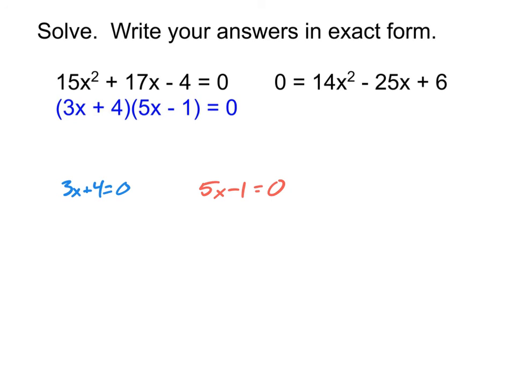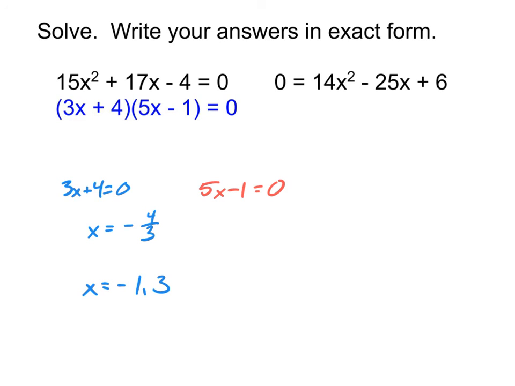Now, when we do that, for the first one, I end up subtracting the 4 from both sides and then dividing by 3. So I end up getting x equals negative 4/3, right? Now, if I do 4 divided by 3, that gives me negative 1.3 repeating. If you're going to write that one as a decimal, you would have to include the repeating part, because remember, we're giving our answers here in exact form.